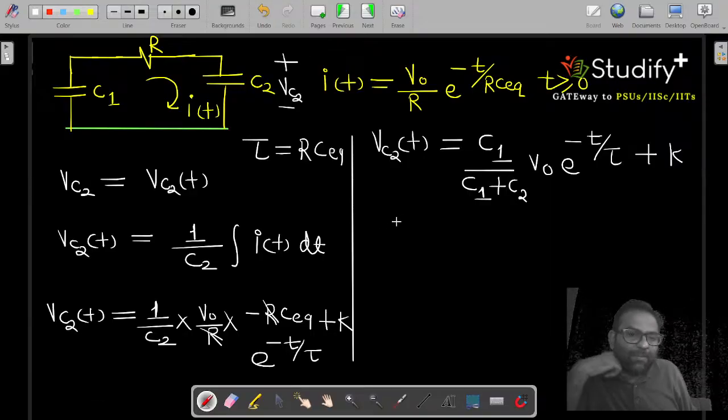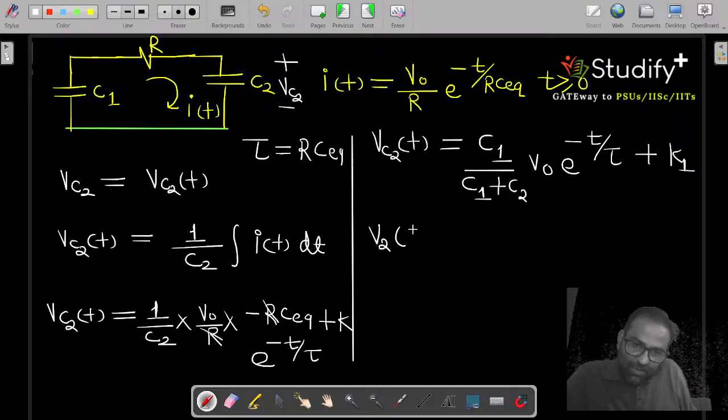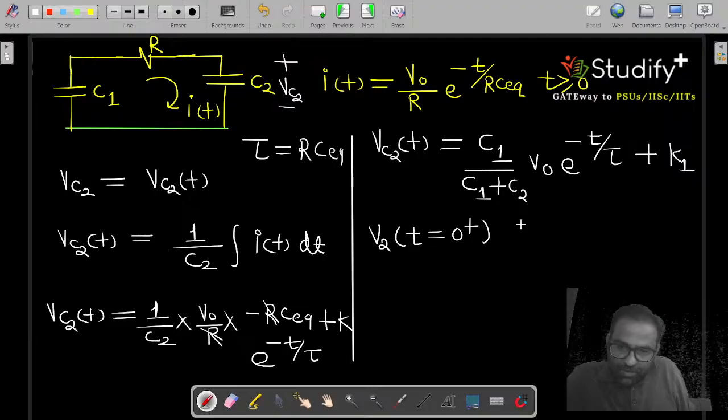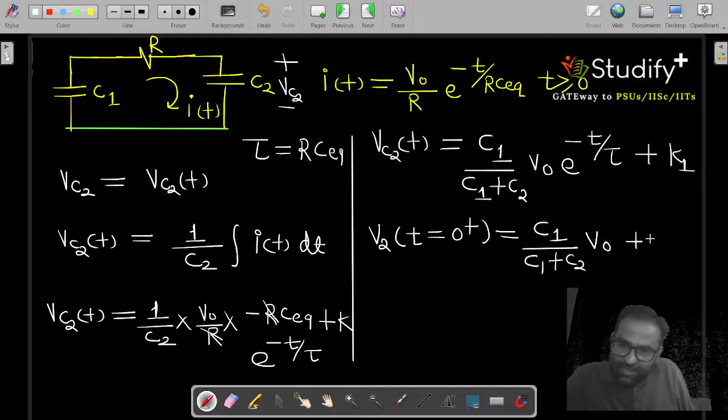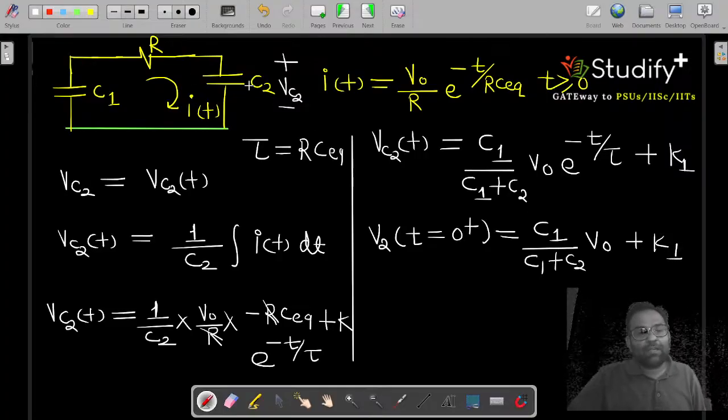Now you have to tell me what is the VC2 at 0 plus, because now we have an integration constant. Let me write this constant as K1. So can I say whenever VC2t equals 0 plus, at 0 plus, e to the power 0, so this value is C1 divided by C1 plus C2 into V0 plus K1. As we know, there is no initial condition for the capacitor C2.